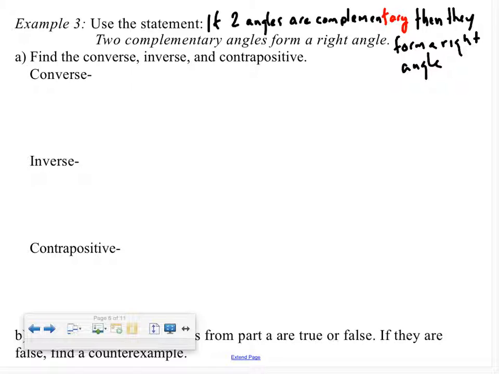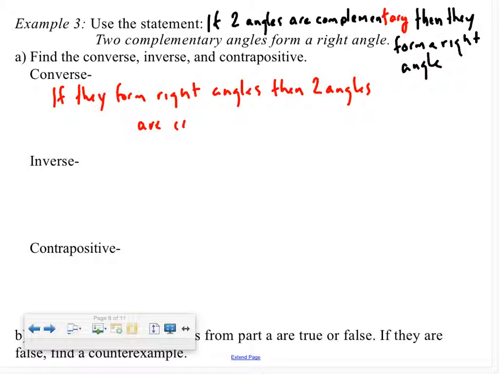So converse, if two angles, so remember this is where P and Q switch. If they form right angles, then two angles are complementary.